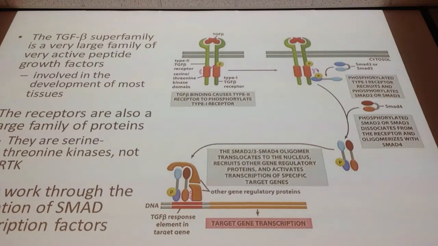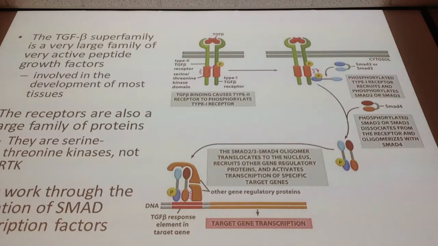Okay. In this case, you also have to have two molecules of the receptor. However, they are different molecules. So there's a whole family of these receptor serine threonine kinases. When they are bound by a signaling molecule and dimerized, they form a heterodimer. Okay, so two different ones. That's important.